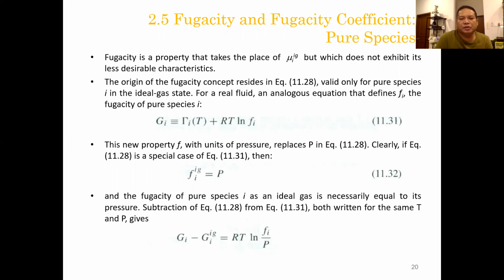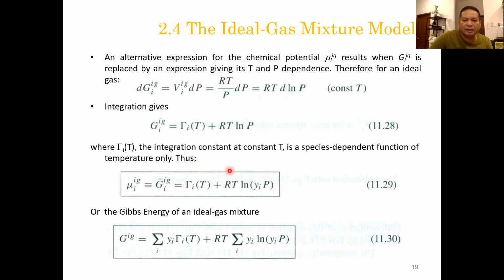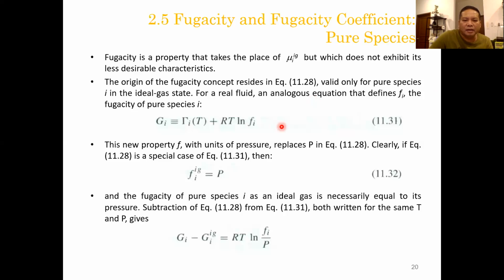Now we will introduce the term fugacity. Fugacity is a property that takes the place of mu_i^ig but does not exhibit its less desirable characteristic. You can see this equation here from before, a function of P, but for species i we denote it as f_i. So the new property, with the same unit as pressure, replaces P in equation 11.2, the previous equation.